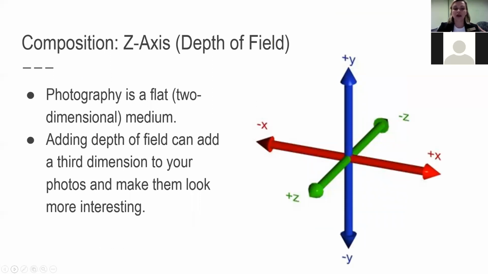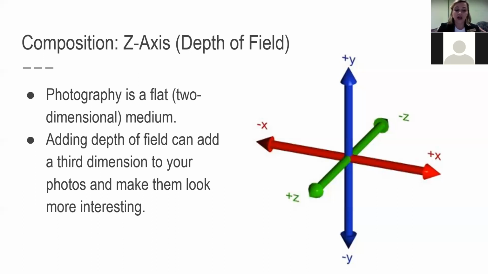Okay, so now the next thing I want to talk about is depth of field. Now let's think back to geometry. I know that might be a bit much for us, and especially I'm not that good with math, but I do remember my x-axis, which is the horizontal or left to right, and the y-axis, which is vertical and up and down.